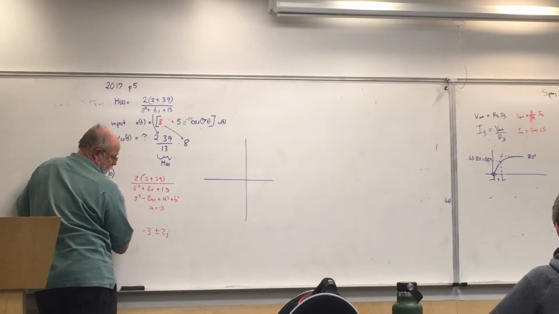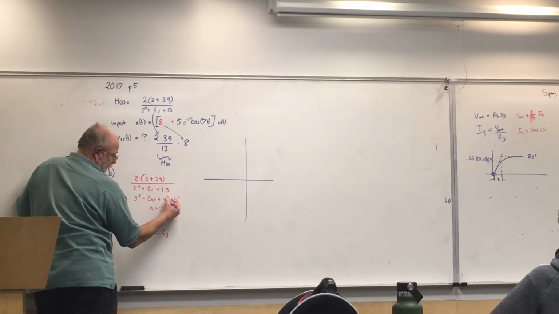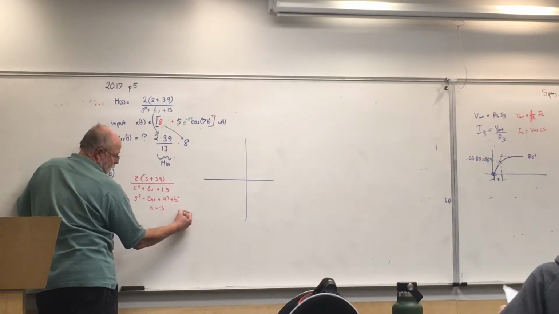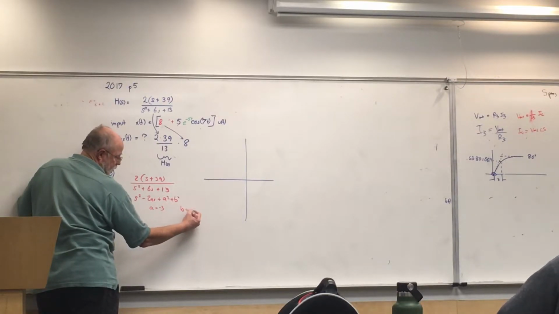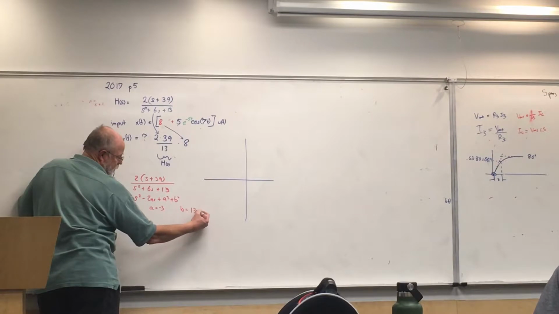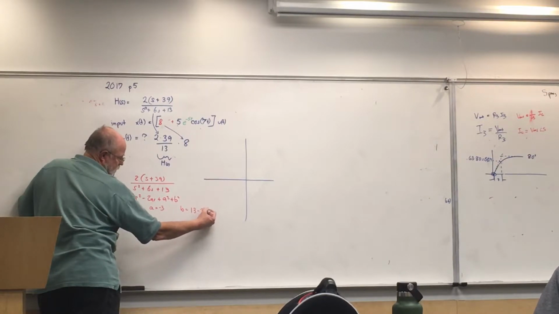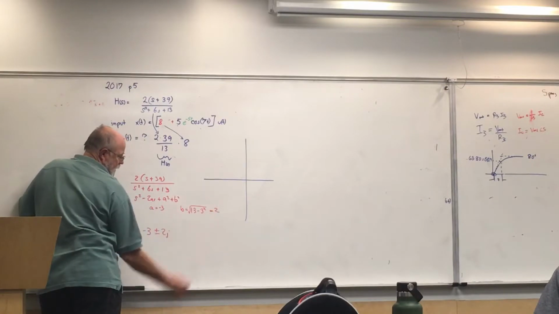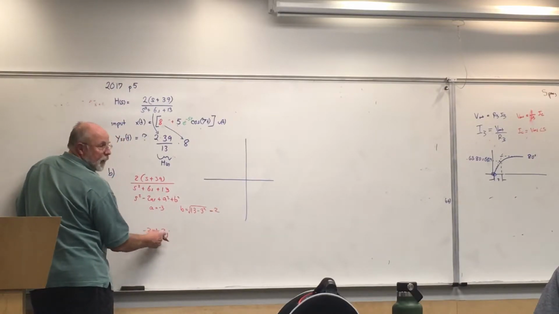Minus 3. If 13 is equal to 3 squared plus b squared, b is equal to what? 2. Do we get the same a and b? Yeah.